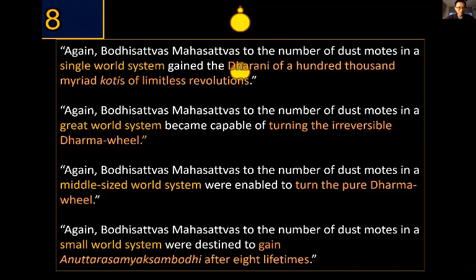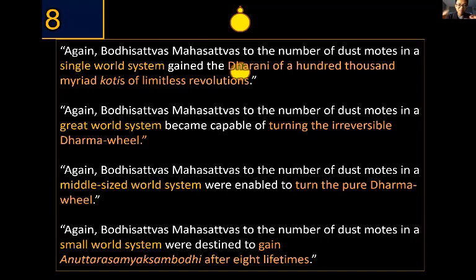Sorry, I should put this into a table. So a single world is one, right? 1,000 of these worlds is one small world. And then 1,000 small worlds will give you a middle-sized world.